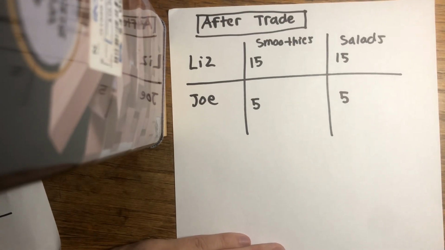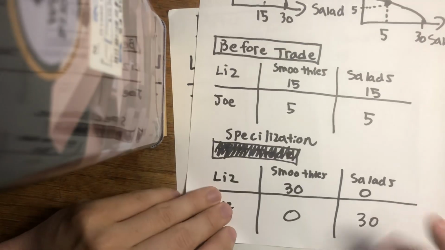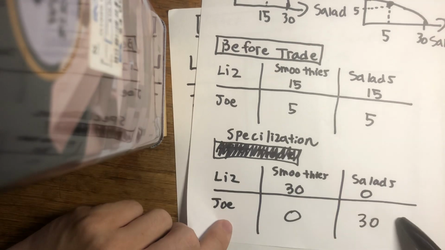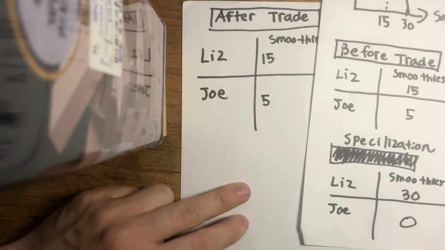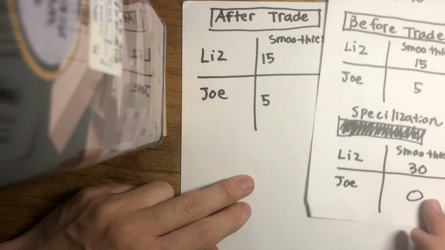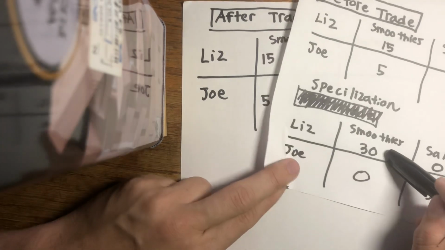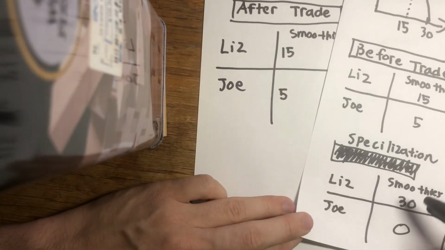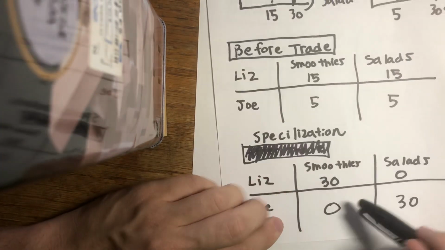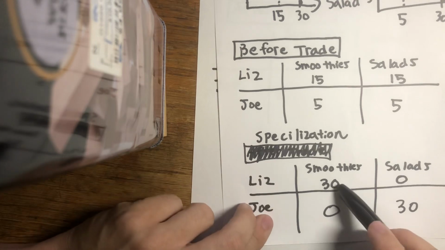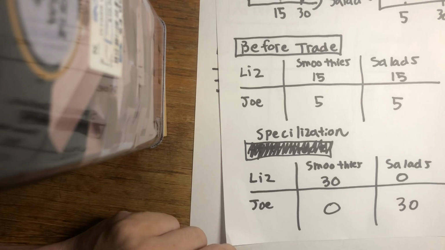But what if we were to gain from trade? Gain from trade in this sense is that Liz can produce 30 smoothies and 30 salads. Let's say Liz can trade the amount of smoothies that she makes. What if she takes her 30 smoothies and gives some of them to Joe?